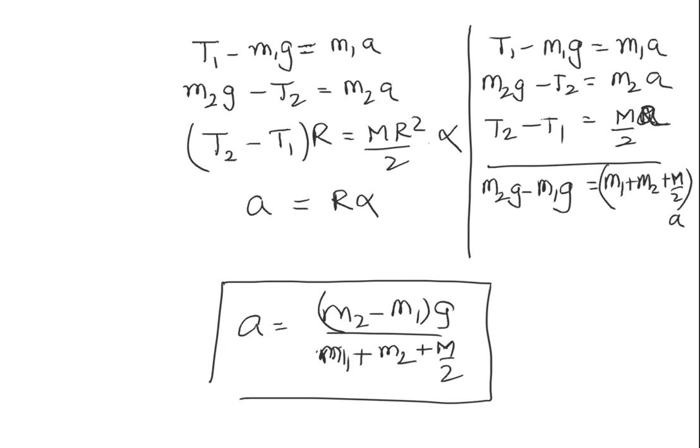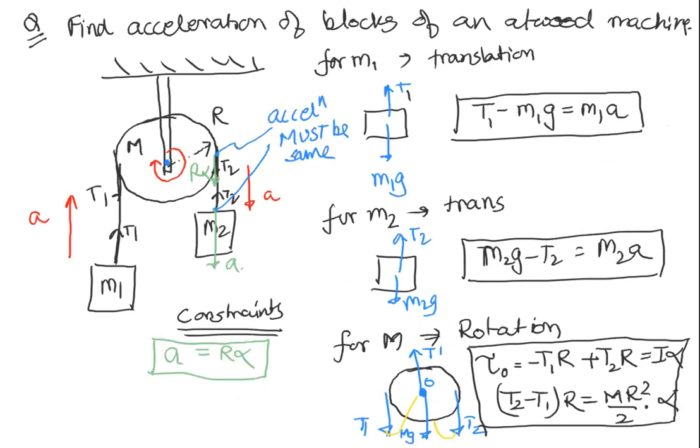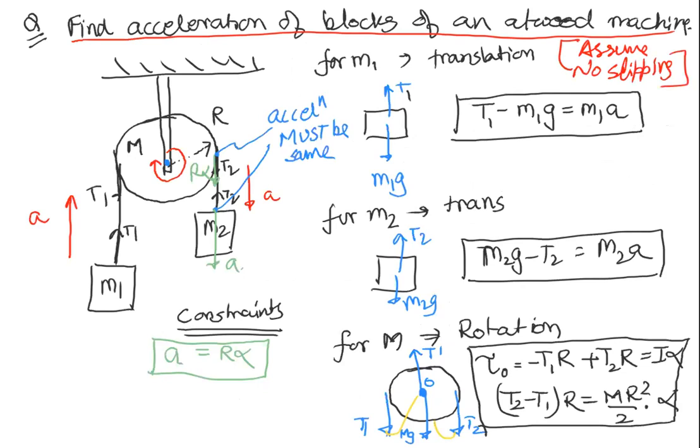A very important thing again that I have missed out on, and you will keep on seeing this, is that: find the acceleration of the blocks of an Atwood machine. Assume no slipping. अभी तो मैंने लिख दिया, भूल ही गया था लिखना, but ये मैं लिखूंगा नहीं generally, right? So our assumption will always be that there is no slipping, right?